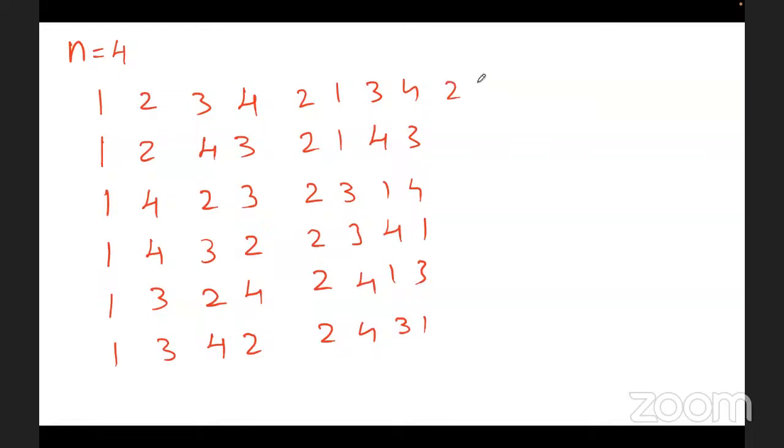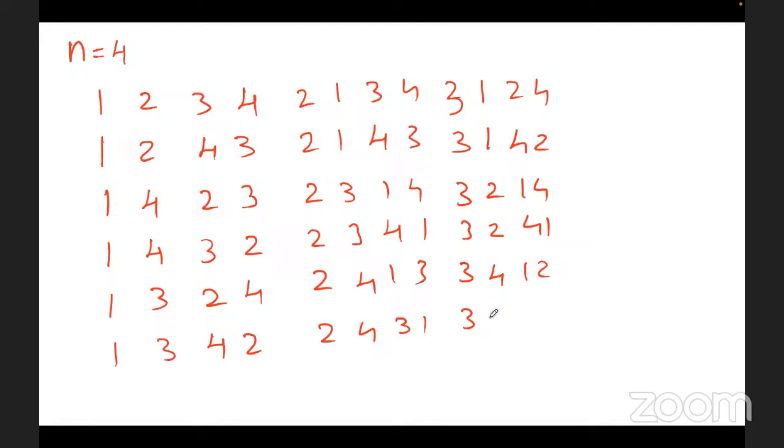So I'll write it. Let's take 3 here. Then 3, 1, 2, 4; then 3, 1, 4, 2; then 3, 2, 1, 4; then 3, 2, 4, 1; then 3, 4, 1, 2; then 3, 4, 2, 1.